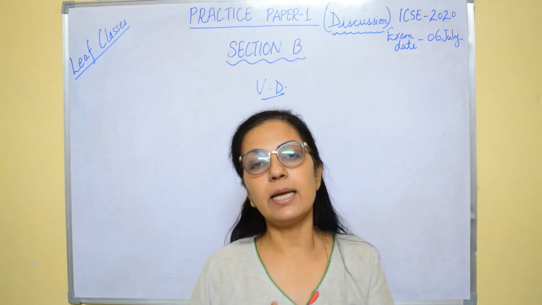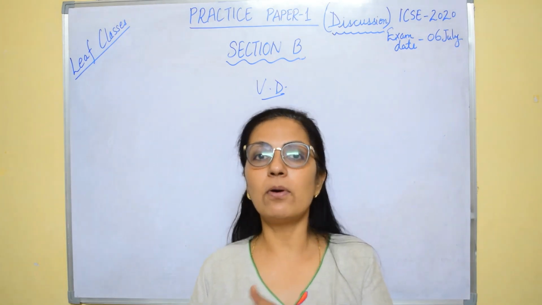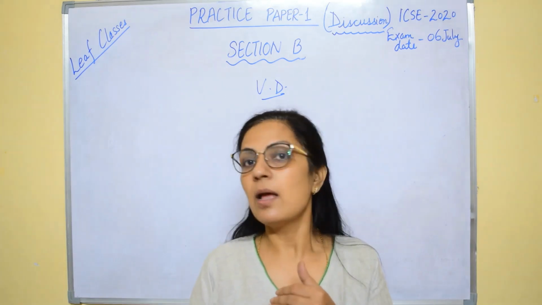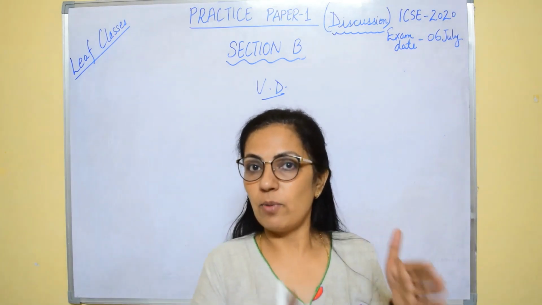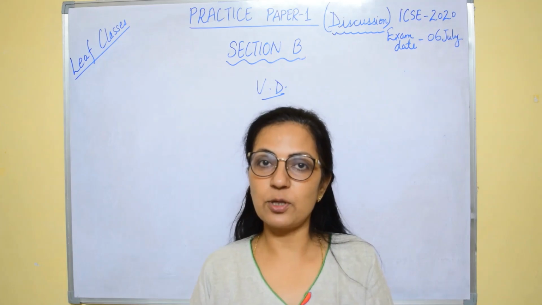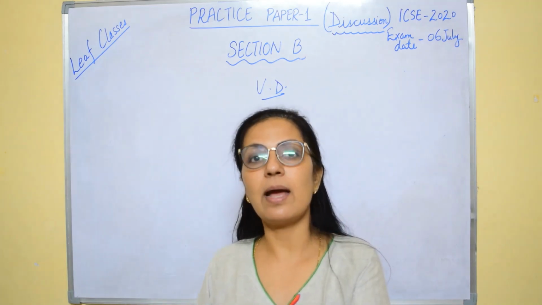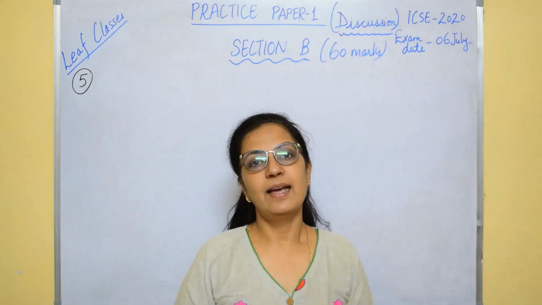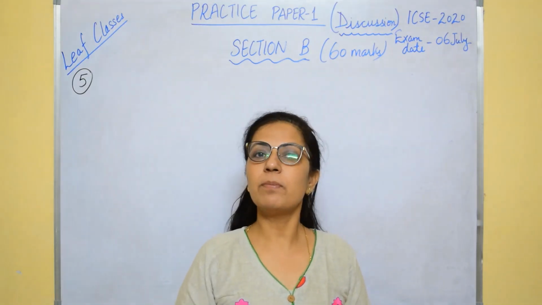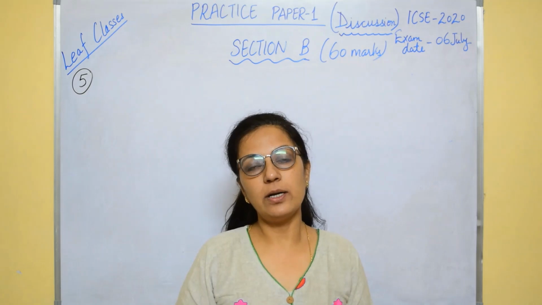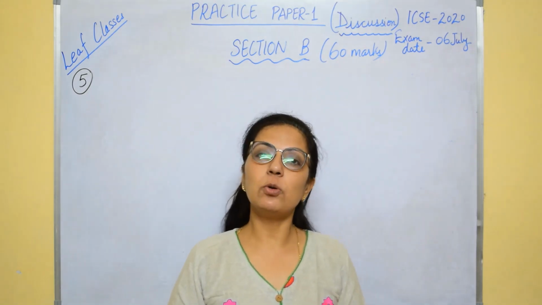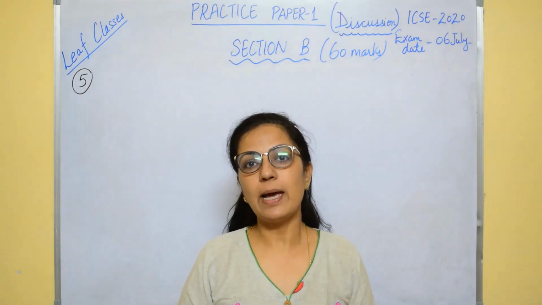Few children write all 4 programs, then all 4 lists of variables. Please don't do that. One program, its description of the variables, the next program, its variable description, like that you must do. Section A, all the questions we must do in serial order, but section B, you should do first the question which you know the best.